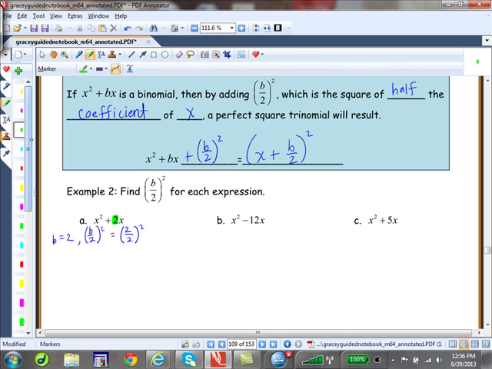So this is the b we're talking about. And that, of course, is 1 squared, which is 1.